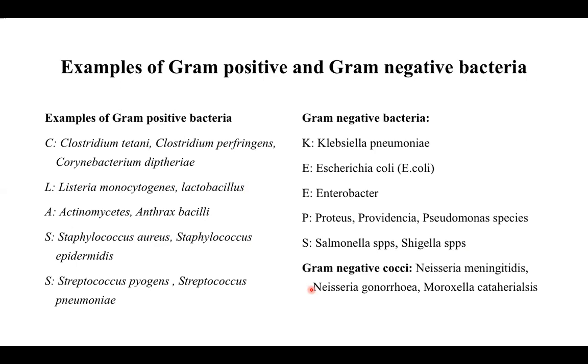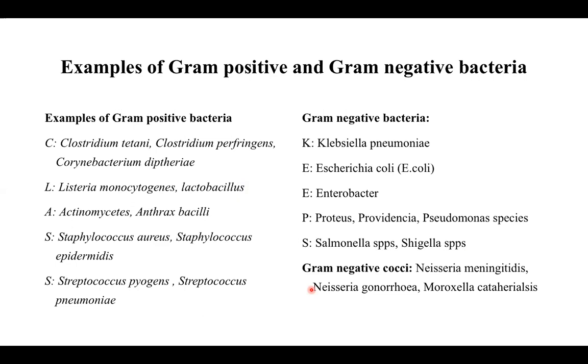C stands for Clostridium tetani, Clostridium perfringens, or Corynebacterium diphtheriae. L stands for Listeria monocytogenes or Lactobacillus. A stands for Actinomyces or Bacillus anthracis. S stands for Staphylococcus aureus or Staphylococcus epidermidis. Another S stands for Streptococcus pyogenes or Streptococcus pneumoniae.